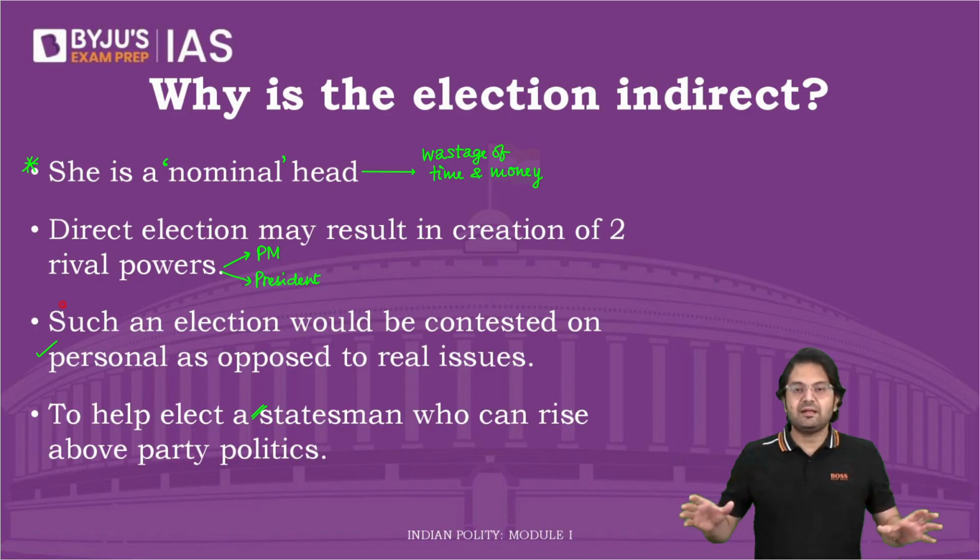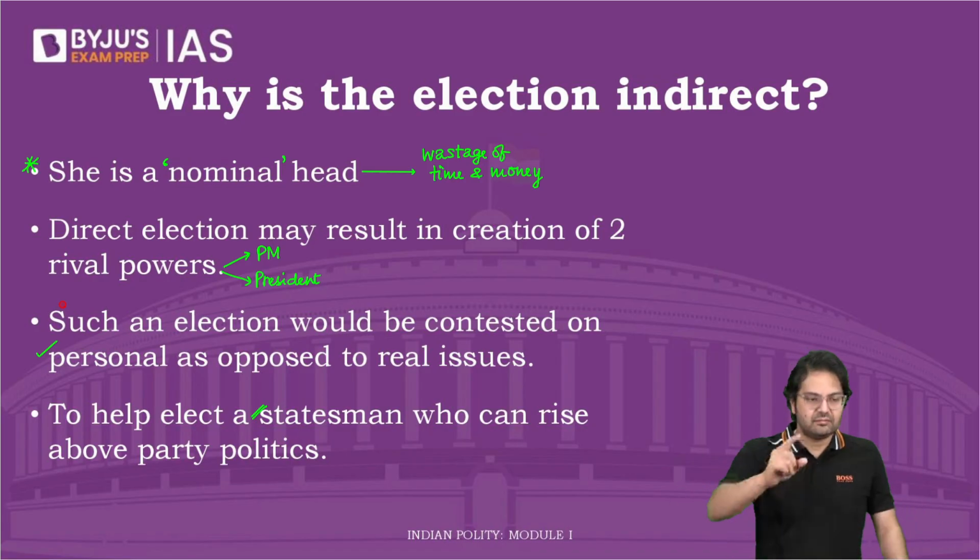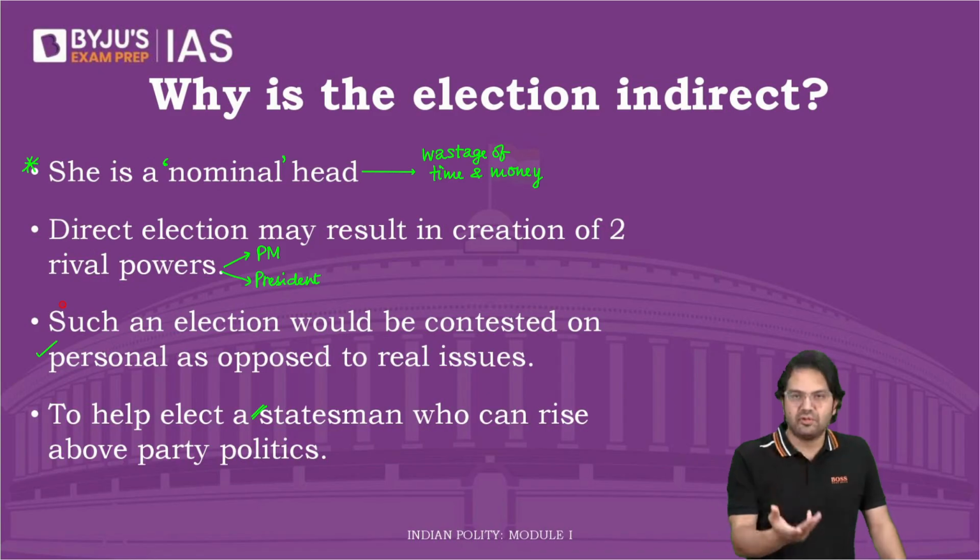Meaning 50 electors must support the person. Yes, I like this person, I'm supporting him. They are called proposers. Somebody who proposes somebody's name is called a proposer.